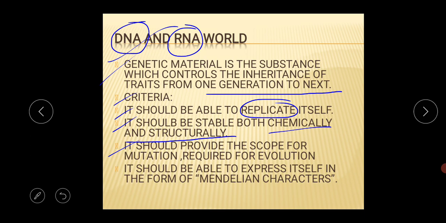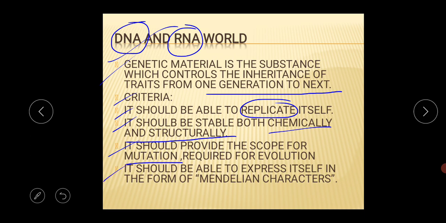It should be able to undergo mutation, and such a change should be stably inherited. This is required for evolution. If changes were not there in our body, we would be stagnant at a point. So we need variation, and variation comes from mutation. We have already discussed mutation in chapter 5. This is very crucial for evolution.